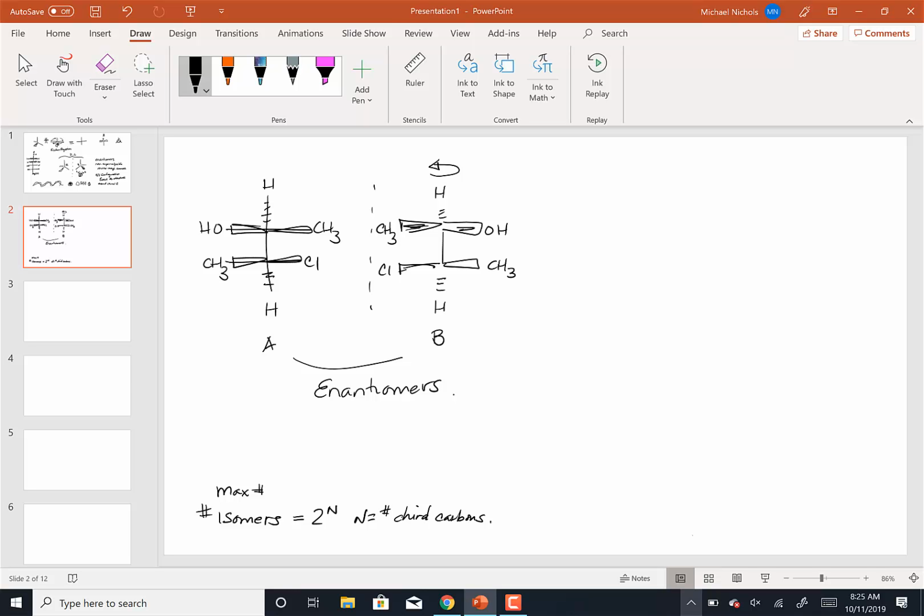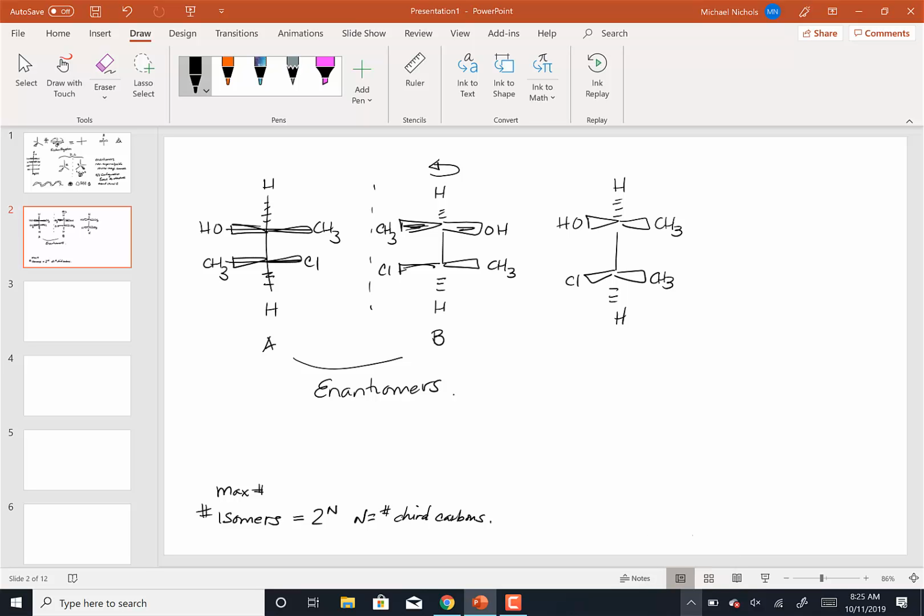So let's write the other 2. How would I write the other 2? Well, let me start with another Fischer projection. Let me use the top carbon's orientation from molecule A, and let's use the bottom carbon's orientation from B. So let's put the chlorine here, the CH3 here, and the H there.